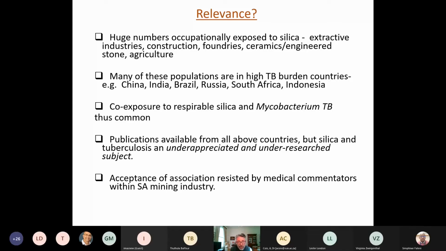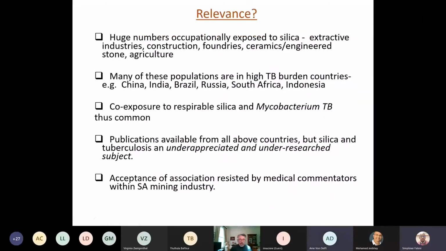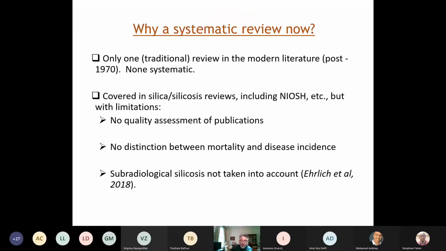And this was really a public health problem which happened to collide with the gold mining industry, and that was a burden too for the gold mining industry. Right. Yes, I was talking about resistance to the idea of a causal association, and I think that's one of the main reasons that stimulated this work, but also its general neglect in the global literature is something that required attention. And there are other people who weren't part of this particular work that have been involved with this question for a long time.